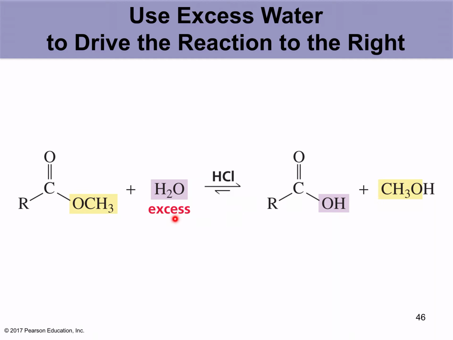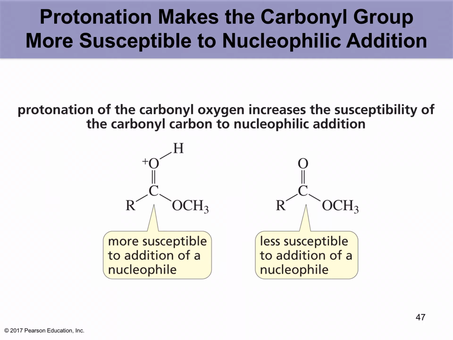The more reactants we have, according to Le Chatelier's principle, the reaction will favor the direction where it can get rid of the excess reagent and make more products. Okay. And another reason why in the presence of acid, oxygen gets protonated, it makes the carbonyl carbon more susceptible to nucleophilic addition.